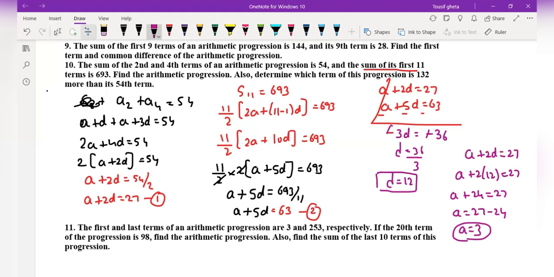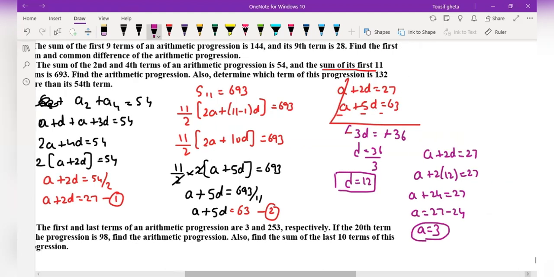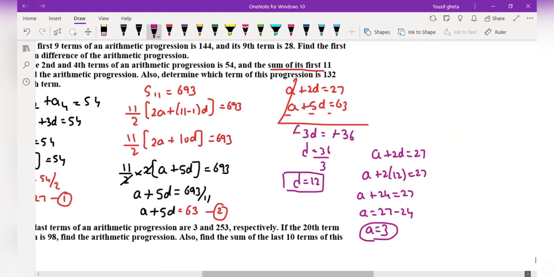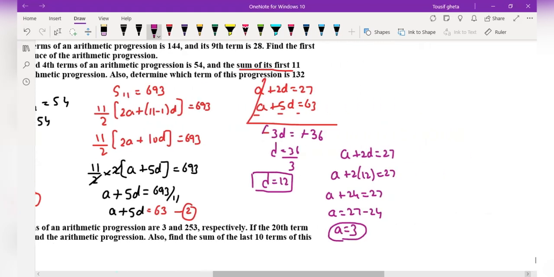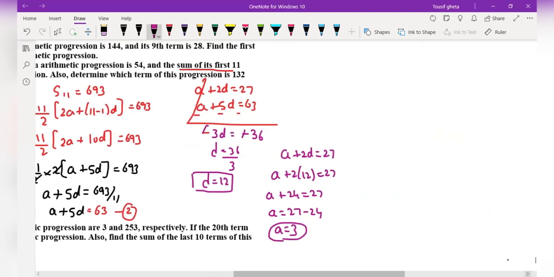They are asking to find out which term of this progression is 132 more than its 54th term. That is, the value will be 132 more than the 54th term. Which term's value will be 132 more than the 54th term? That is what the question is.